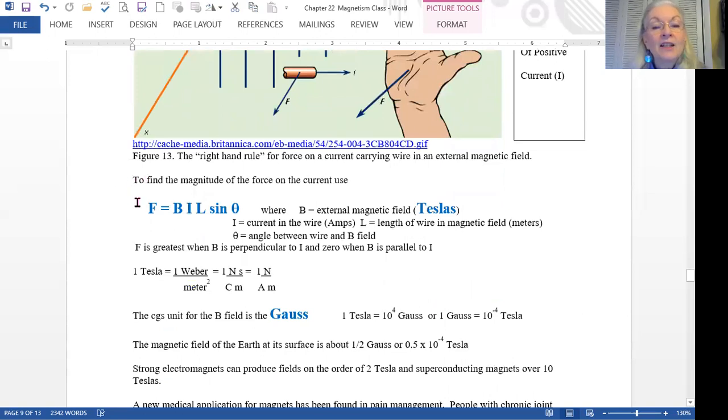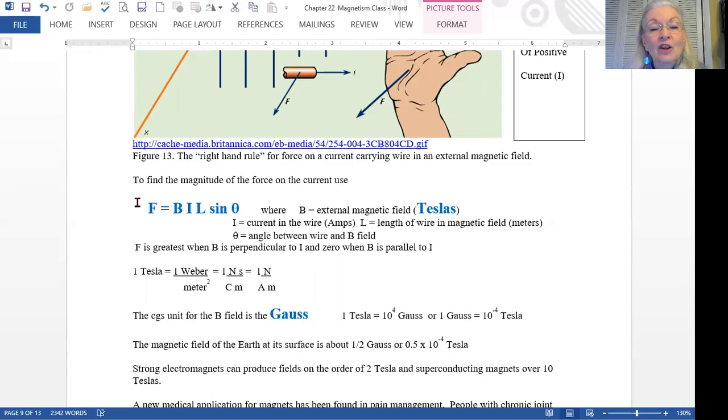To find the magnitude of the force on your current, we use our first equation for the chapter that we have to keep up with, and it's F equals BIL sine theta. F equals B I L sine theta. F is the force measured in newtons. B is the external magnetic field measured in Teslas.